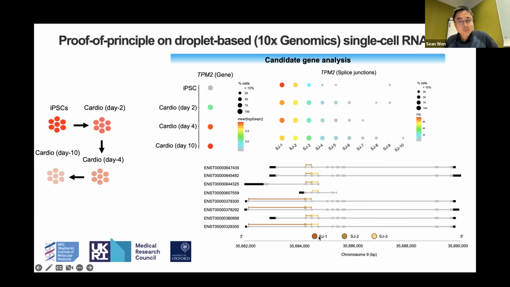Splice junction number 1, which is more highly expressed, is located nearest to the 3' end, followed by splice junction number 2 and splice junction number 3. So this is just confirming what we know about droplet-based platforms, where it's slightly more 3' biased.